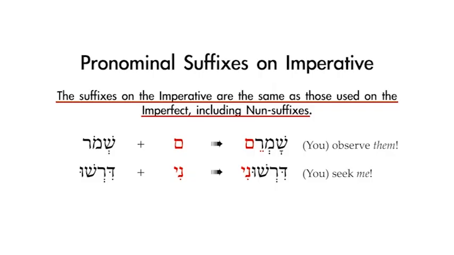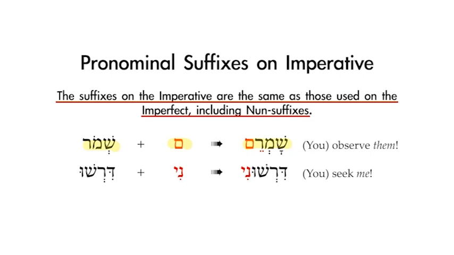We begin with the imperative verb shamor. We're going to add our 3mp pronominal suffix, and we're going to get shomrem. Notice that in the spelling of the imperative verb with the pronominal suffix, the vocalization or vowel pattern is different. Under the shin, you have the qamets hatuf, followed by the silent shewa under mem. You'll want to become comfortable or familiar with that spelling change with the imperative.